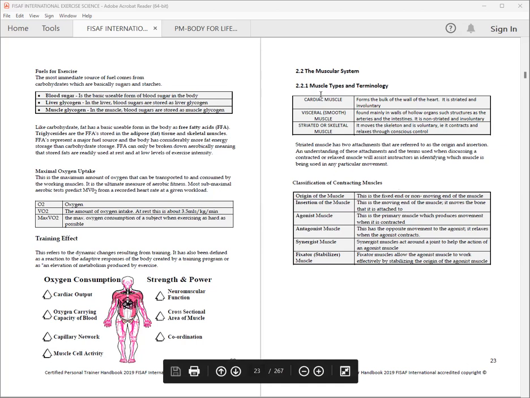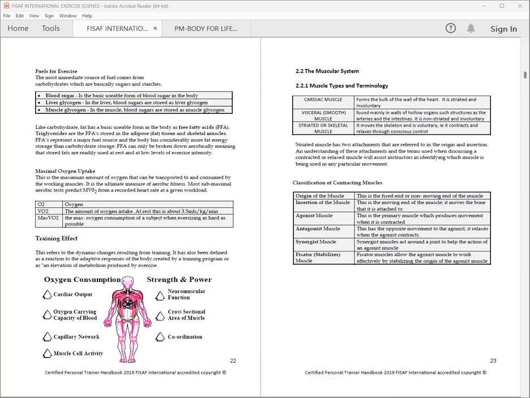Page number 23, Muscular System, and I will switch to the slides. I just stopped sharing, and I'm going to go for the other. Okay, you can see this, yes?